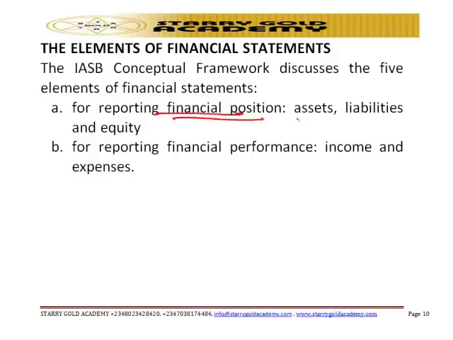These elements are what? Assets, liabilities is 1, asset, 2, liability, 3, equity, which falls under financial position. And the second part, which falls under what? Financial performance. We have what? Income. And the last, the fifth, is what? Expenses. So to make it easier, let me classify it like this.